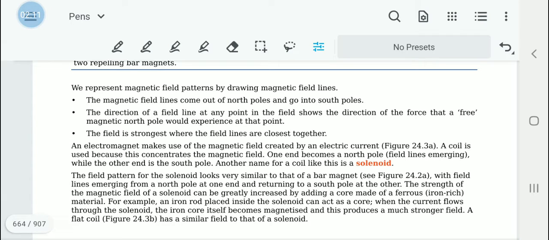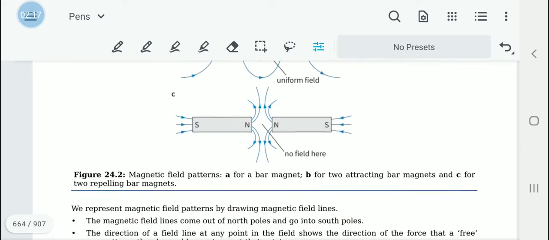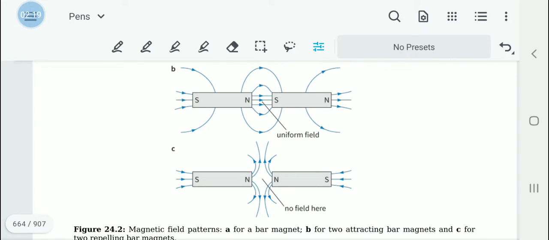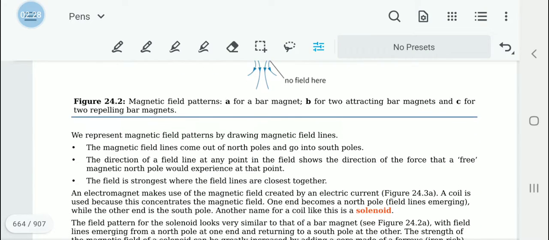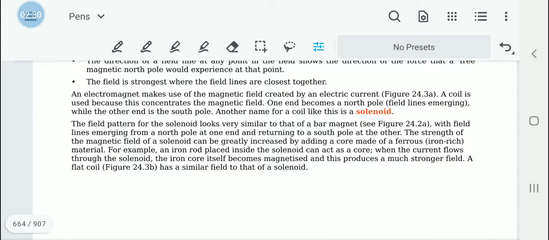If there are many field lines close together, that means it has a very high magnetic field at that point. So obviously the magnetic field here is going to be higher than here, because the magnetic field lines are close to one another.